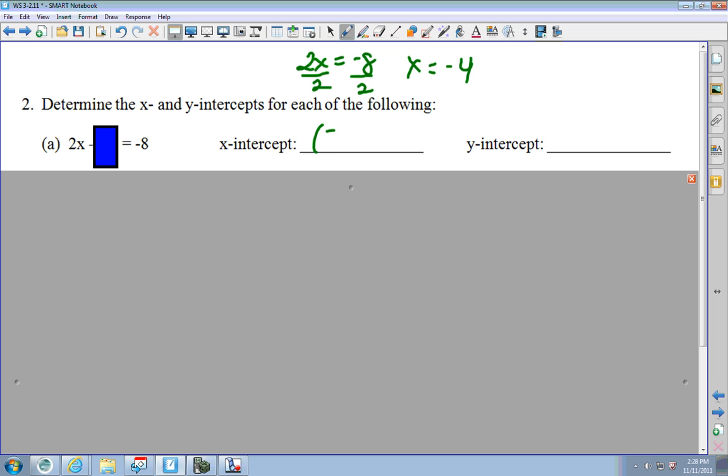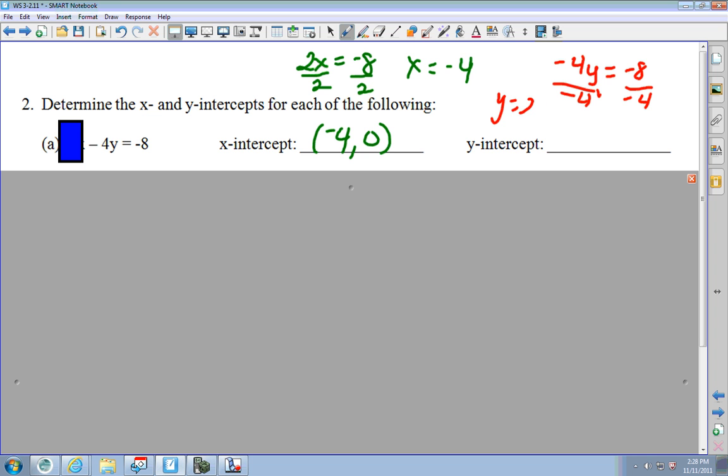So I get (-4, 0). Next, to find my y-intercept, I cover up the x. I'm going to get negative 4y equals negative 8. I'm going to divide by negative 4, and I'm going to have y equals 2. So my y-intercept is (0, 2).